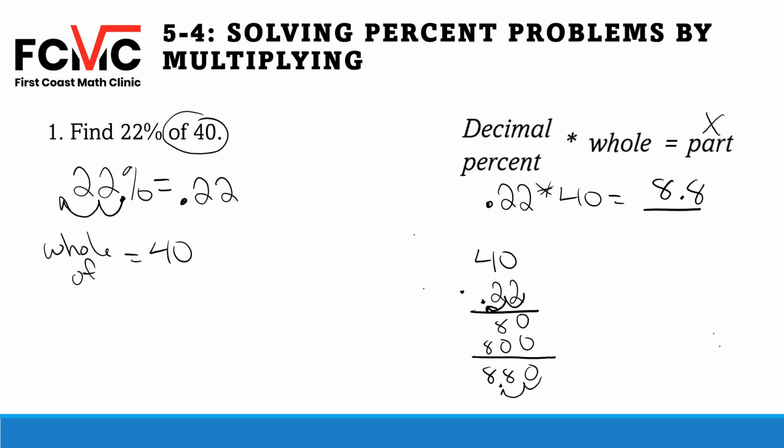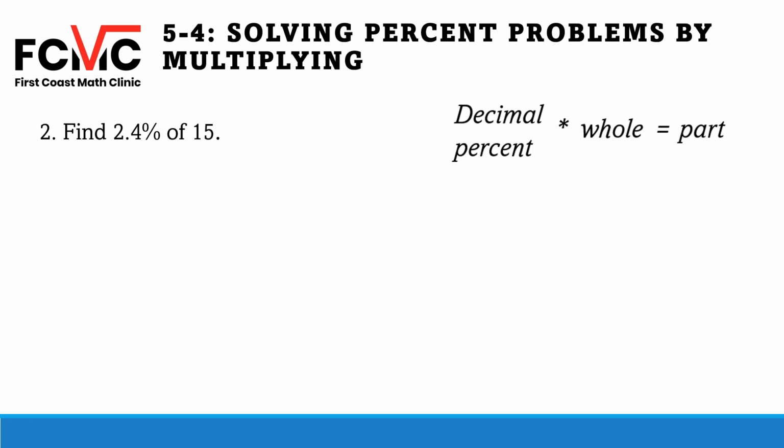Let's look at example number 2. Find 2.4% of 15. Starting with our decimal percent, 2.4%, let's convert that to a decimal. Our decimal is already visible in our number. We still want to move that decimal 2 places to the left, 1, 2 places. So put a 0 as our placeholder.